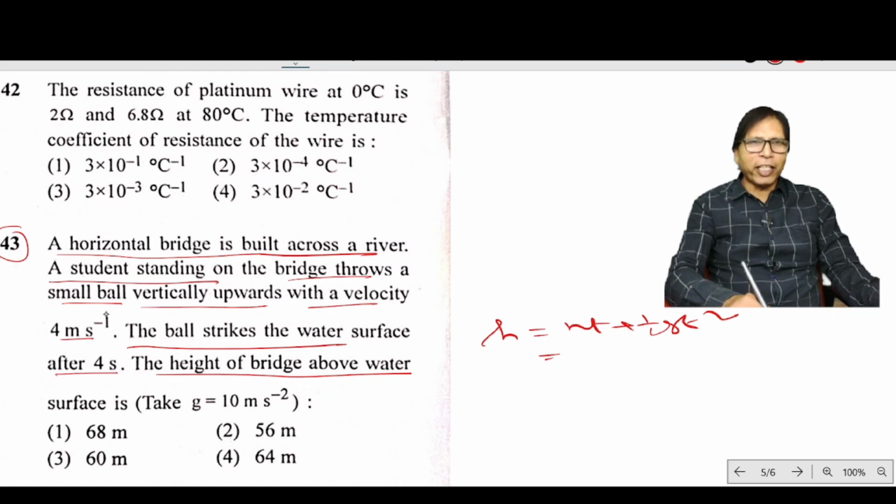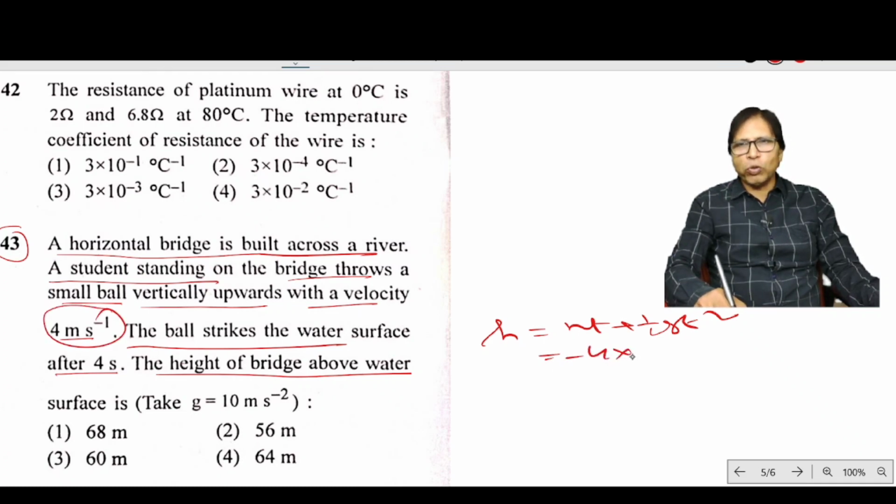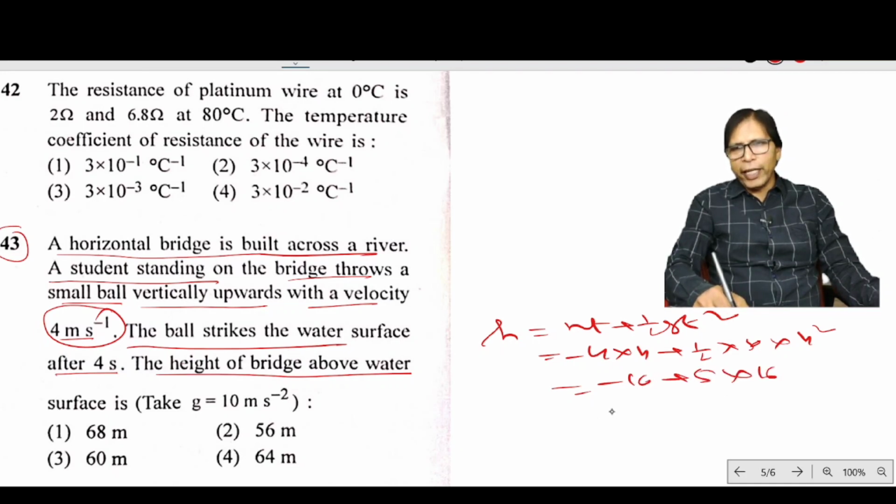Here u is minus because it has upward velocity. So minus 4 into t, which is 4, plus half into 10 into 4 square. So minus 16 plus 5 into 16, so 80 minus 16, so 64 meter is the height of the bridge. Look at this, option 4.